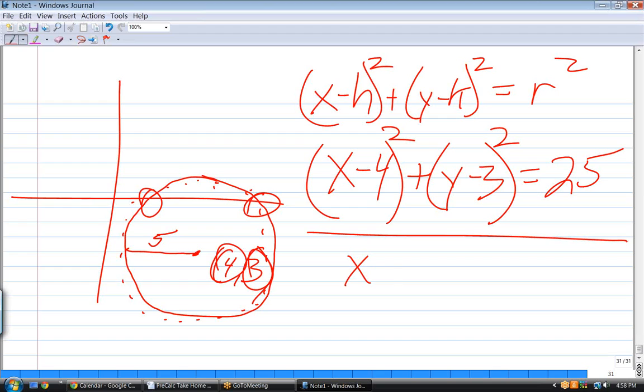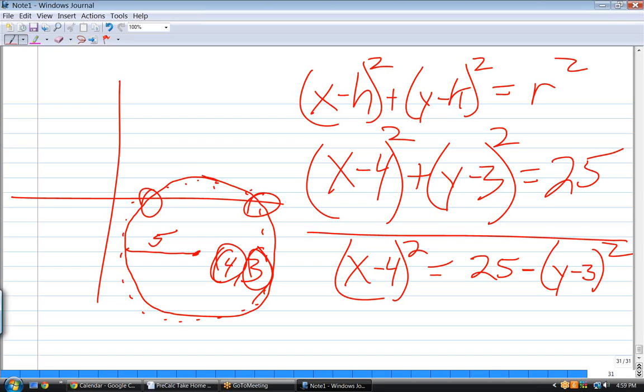So let's start with this. I'm going to move this to the other side. You with me? 5 minus, I'm just writing y minus 3 squared, okay? And now we leave x by itself. We're trying to get it by itself.